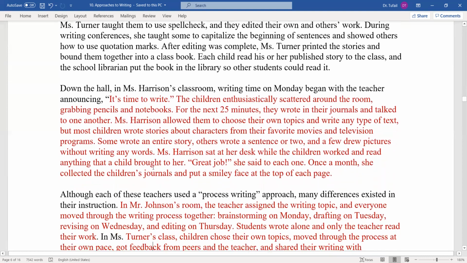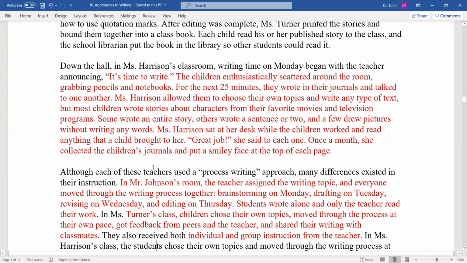classroom is like this: Monday begins with the teacher announcing it's time to write, and the children enthusiastically scatter around the room, grabbing their pencils. They are ready to write, and Miss Harrison allows them to choose their own topic, any topic or text.